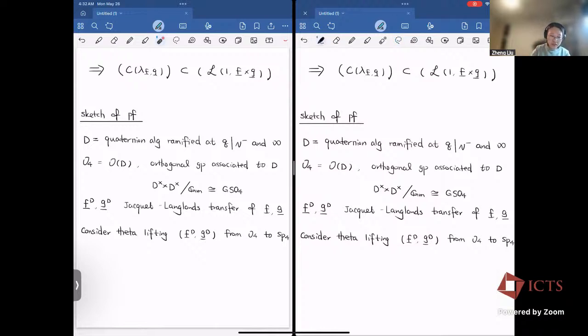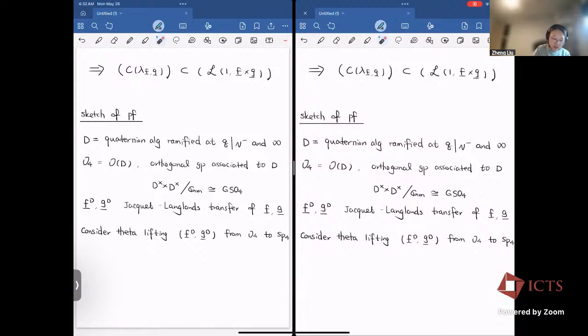I will let D be a quaternion algebra ramified at primes dividing a minus and infinity. For this quaternion algebra, I will associate an orthogonal group, which I call O4. And we know that this orthogonal group has a close relation with two copies of D cross.